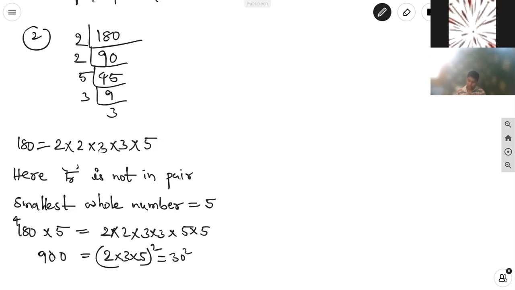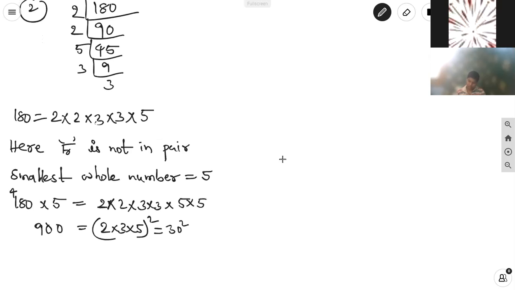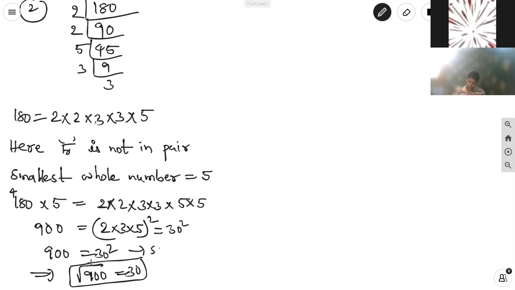Here 900 equals 30 square. From this, square root of 900 equals 30. Therefore, it is a square number.